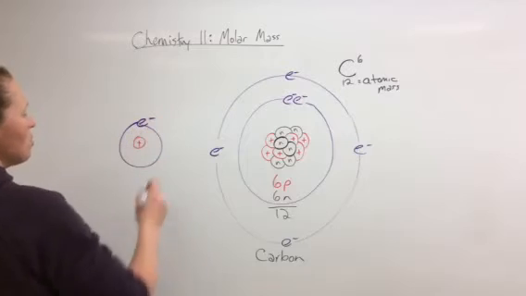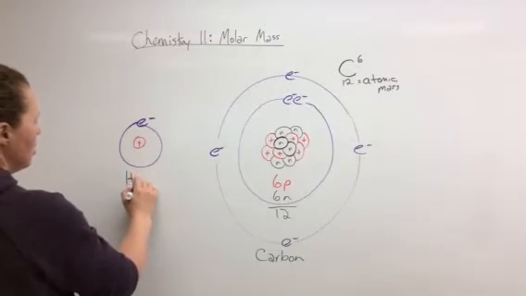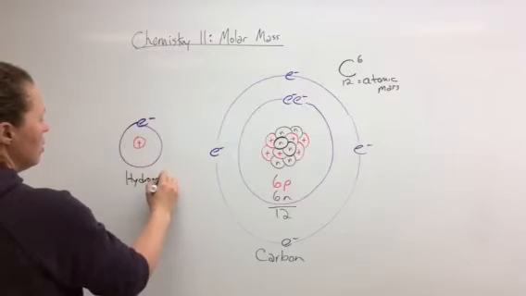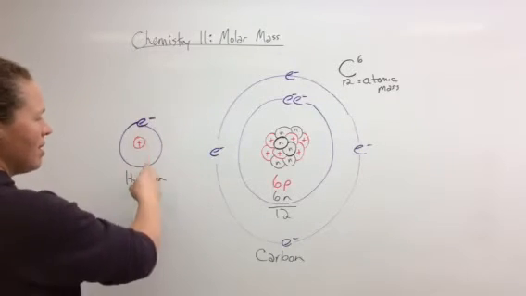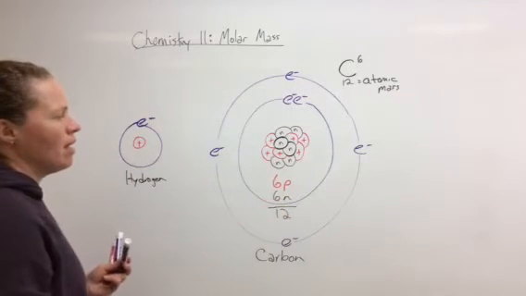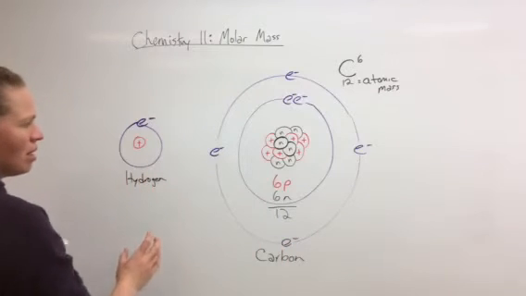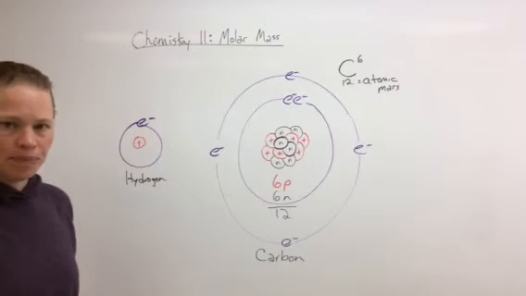So that's pretty much hydrogen right there. So if I had the same number of these guys as I had of these guys, and I use 12 grams of this and 1 gram of this, then that should equal out.